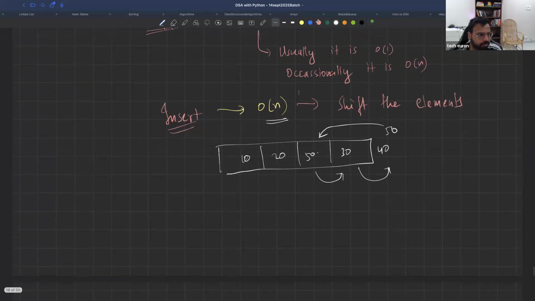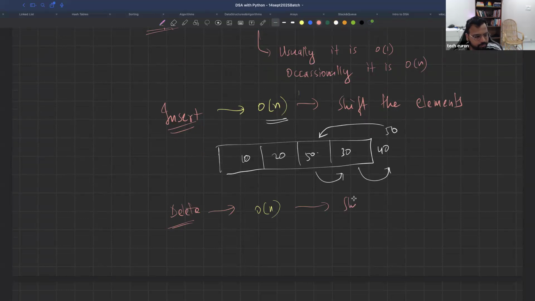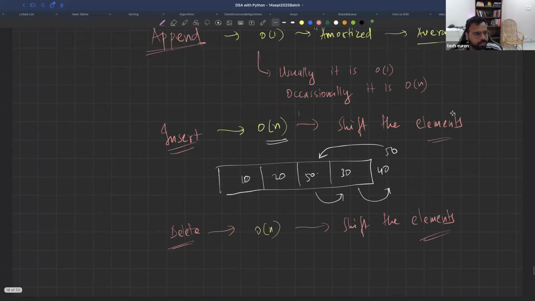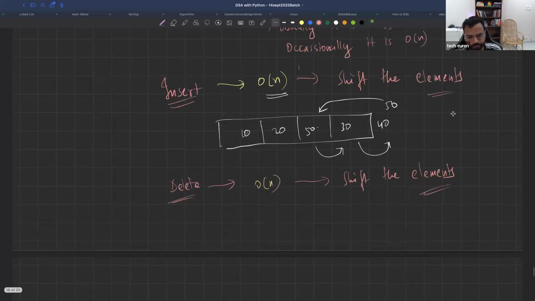If you want to delete something, then also it will be O of n, because we have to shift the elements. Did all of you understand append, insert, and delete? Tell me, yes or no? All of you are clear?